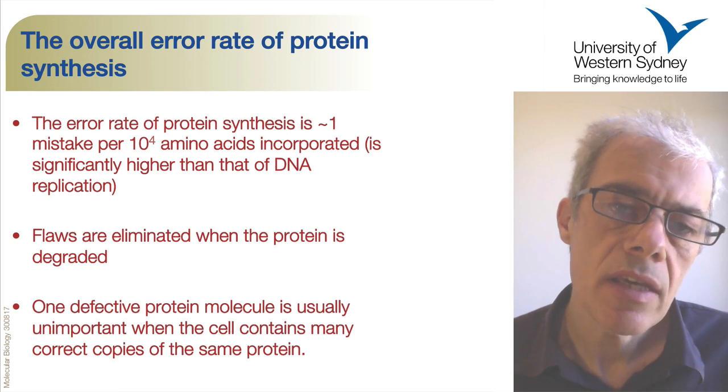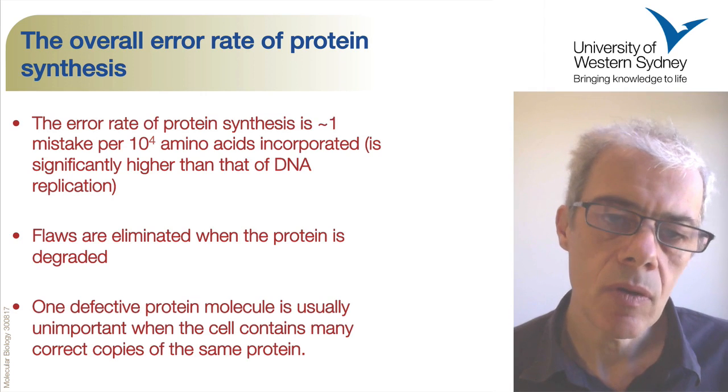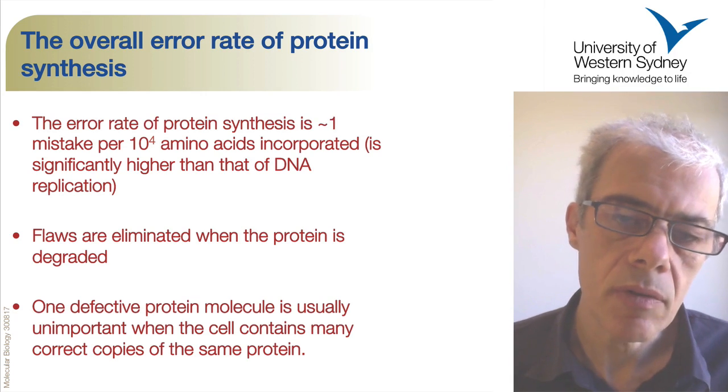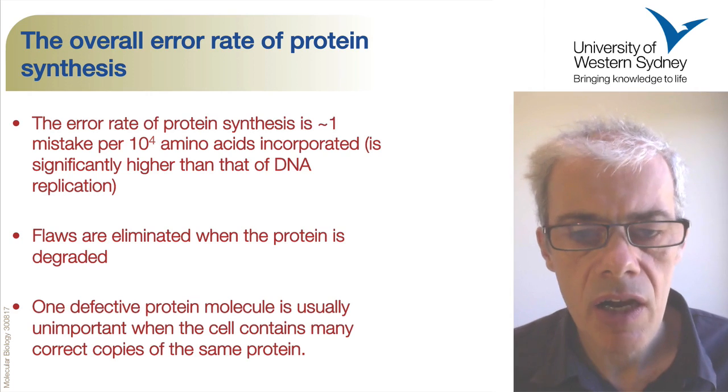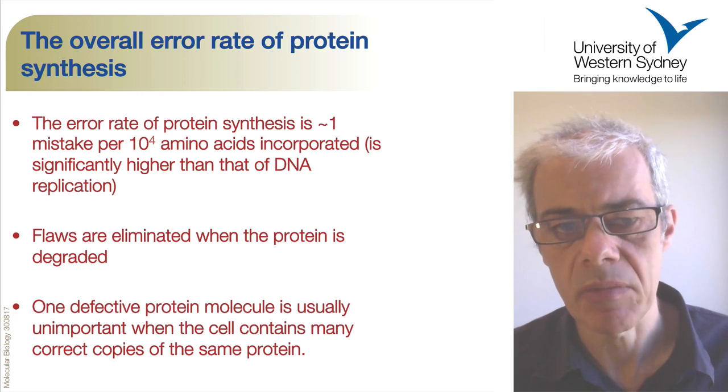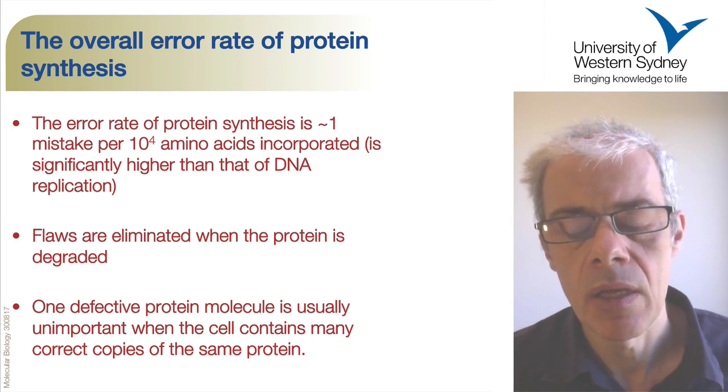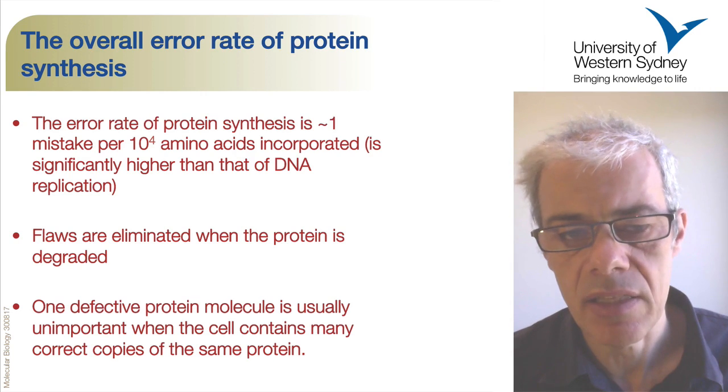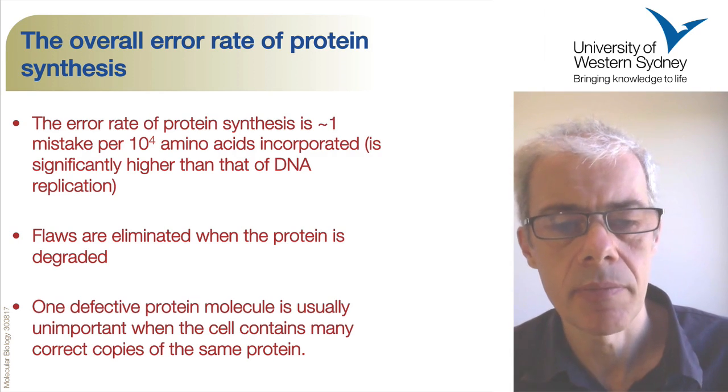So even though the synthetase is able to distinguish quite well the different amino acids, there's still a high rate of error incorporation. It's about 1 in 10 to the 4, which is much higher than in DNA synthesis, is effectively what we're comparing it to.